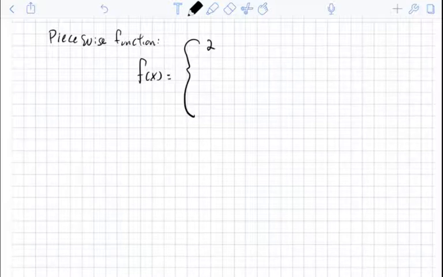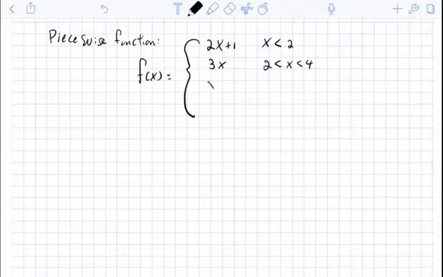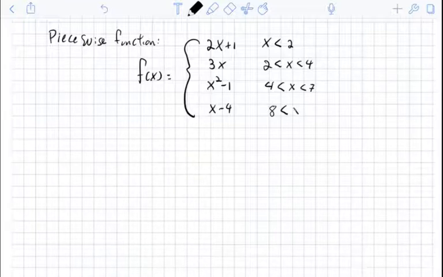2x plus 1 when x is less than 2, 3x when x is between 2 and 4, x squared minus 1 when x is between 4 and 7, and x minus 4 when x is bigger than 8.